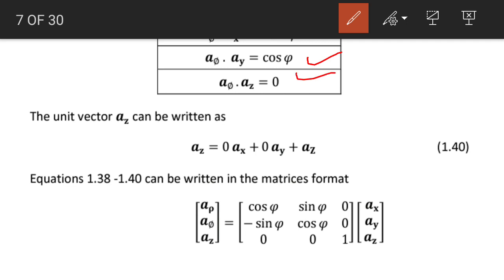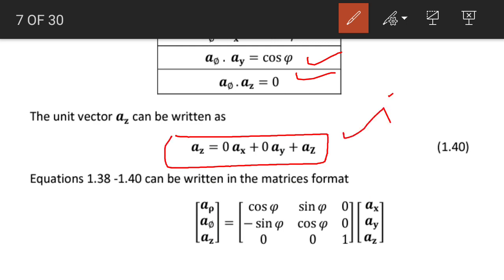This scalar product is very important because we will use this scalar product in the transformation of a vector from rectangular coordinate system into cylindrical coordinate system and cylindrical coordinate system into rectangular coordinate system. We know that the unit vector az will be equal to 0 ax plus 0 ay plus az. So az will be equal to az.